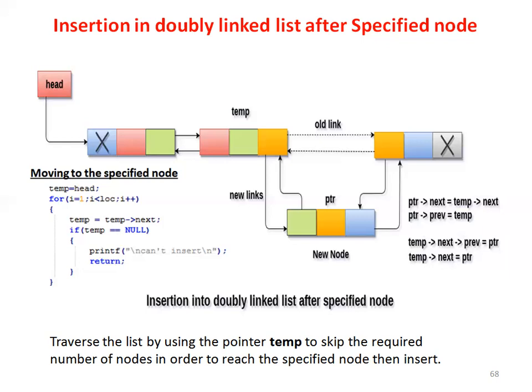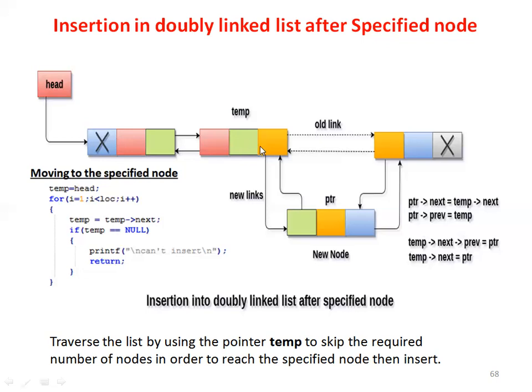Then we can insert. Here in this case, if we want to insert this new node after this node, then we must traverse this doubly linked list starting from this first node, and we must reach this node. And after reaching here, then we can insert the new node after this node.